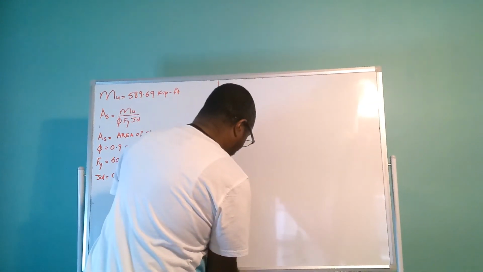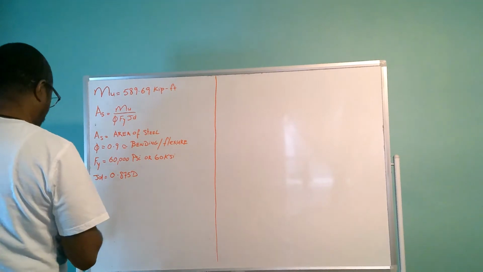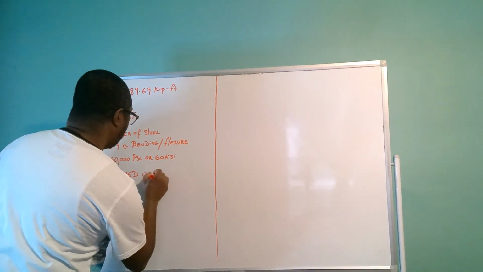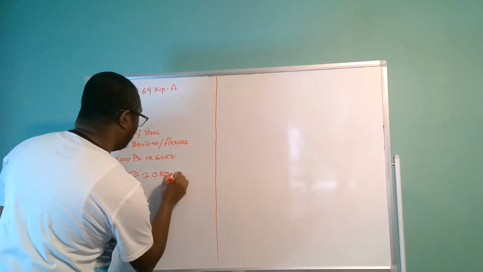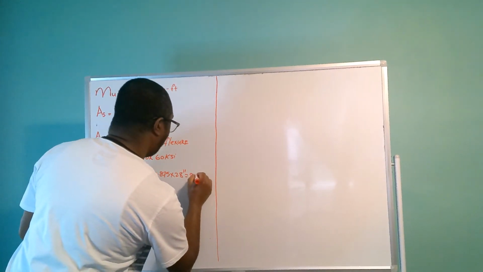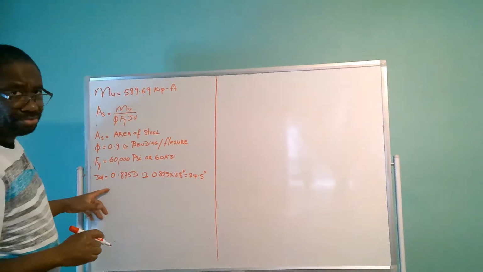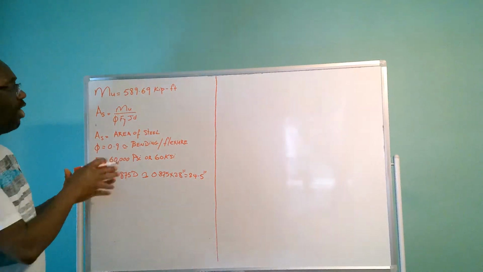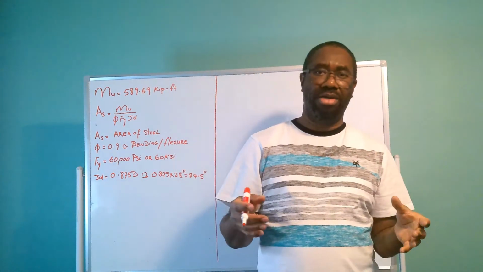So JD is essentially 0.875 times 28 inches, which is going to work out to be 24.5 inches. So JD is really 24.5 inches. So I can now move to calculate the area of steel.